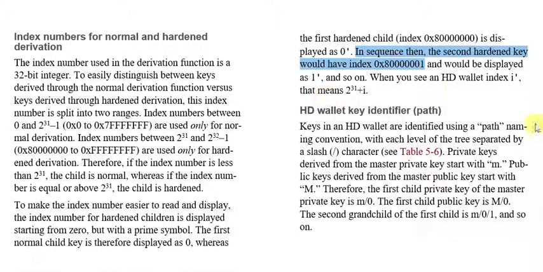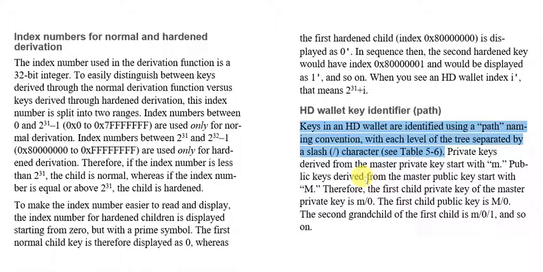When you see an HD wallet index i', that means 2^31 plus i. HD wallet key identifier, path. Keys in an HD wallet are identified using a path naming convention, with each level of the tree separated by a / character, see table 5-6. Private keys derived from the master private key start with m.